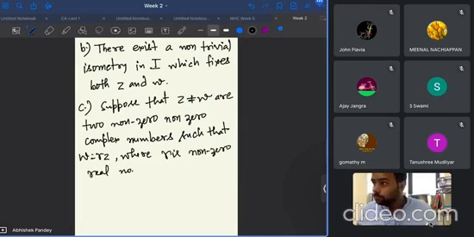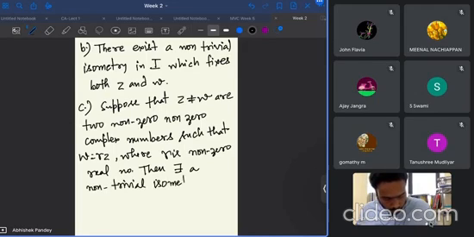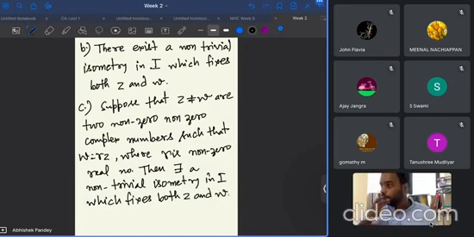Then there exists a non-trivial isometry in I which fixes both z and w.